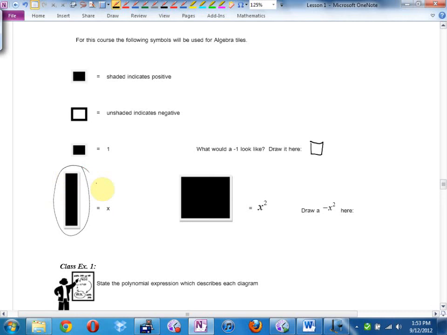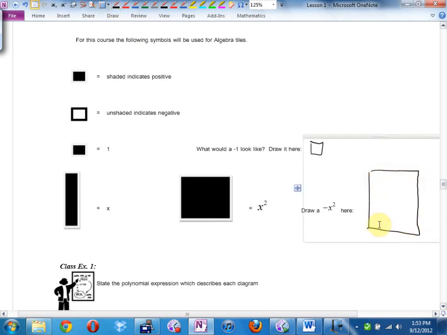Because it's 1 across and x high, and you already said, oh, the area is x. Here's an x squared. How would I draw a negative x squared? Hollow, empty, nothing, negative. But a little neater than what I just drew.